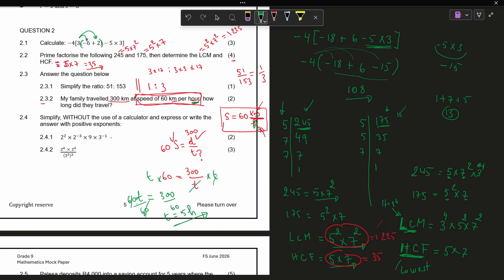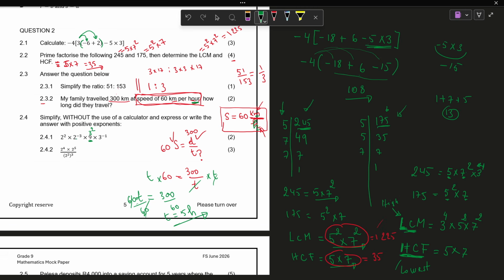What do we do first of all? For us to do it nicely, we first have to do one thing. This 9 is not written as a prime. So we know 9 basically is 3 squared, right? So after doing that, everything will have a prime base.